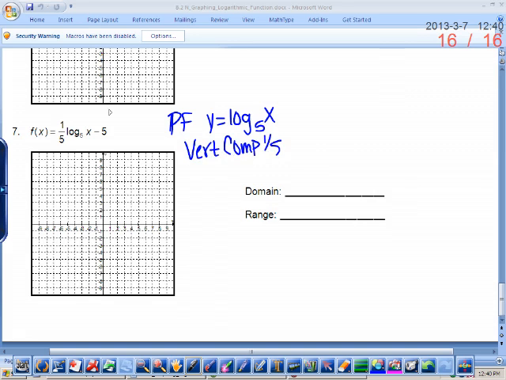Down 5. Okay, why is it down 5 and not right 5? Yeah, it's not in parentheses. It would have to be in parentheses to be right 5. So this is down 5. So go ahead and try and sketch that shape. Don't forget to draw in your asymptote. Does our asymptote move at all?